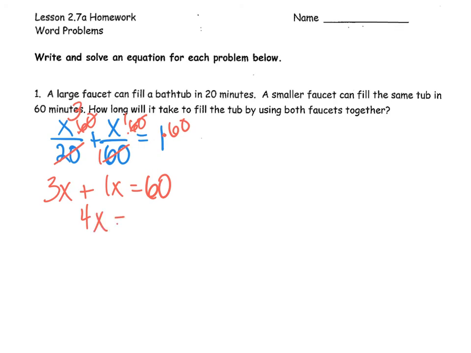Solving for x: 4x equals 60, right? Divide both sides by 4. Breaking 60 up into 4s. Anyone? 15. 15 plus 15 plus 15 plus 15. You're right.